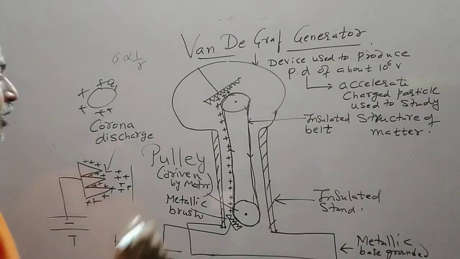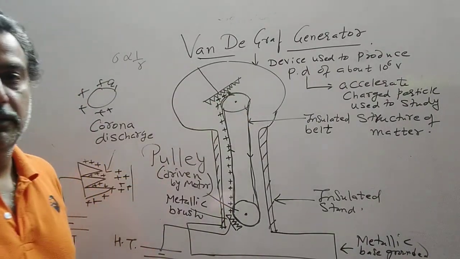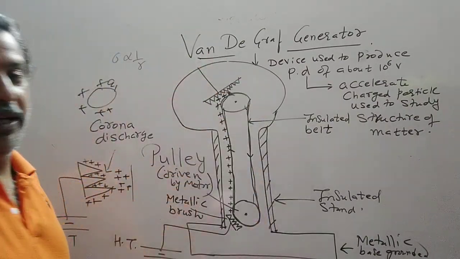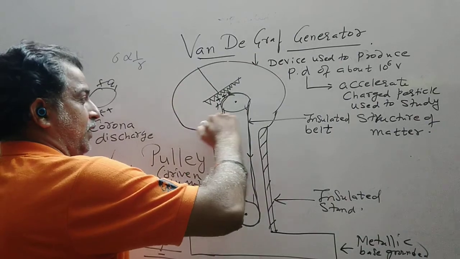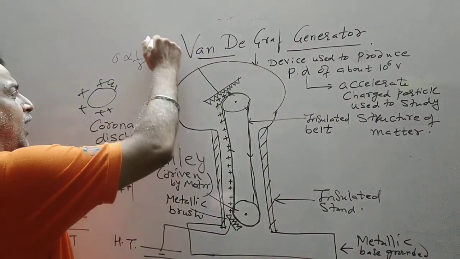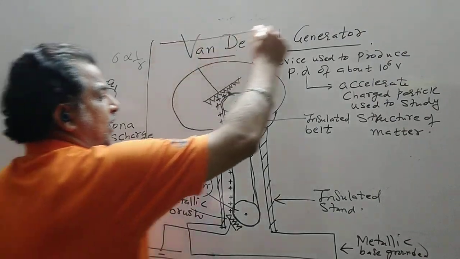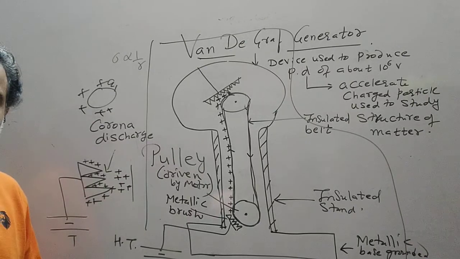So when this charge comes at this point, they take an electron from the metallic comb, or through this sphere. The sphere is metallic. Now this entire Van de Graaff generator is kept in an insulated medium.